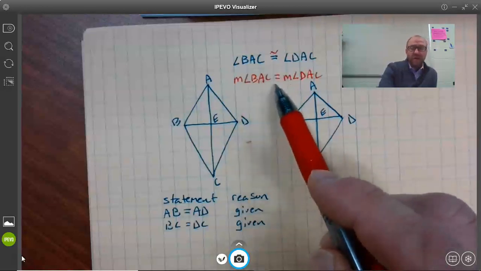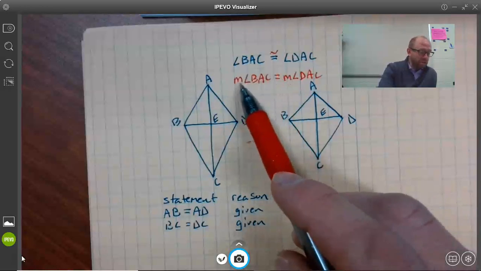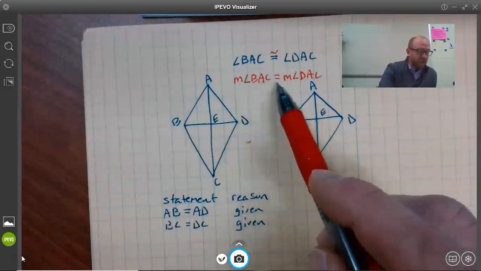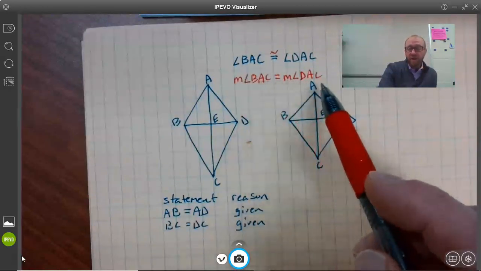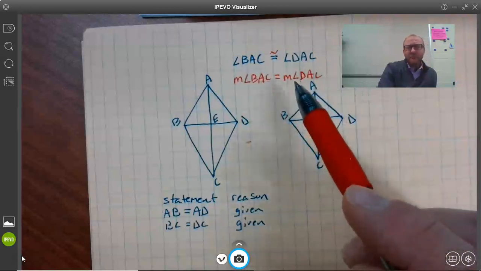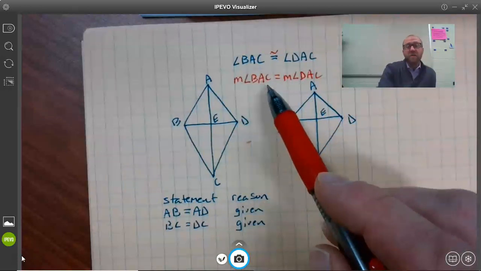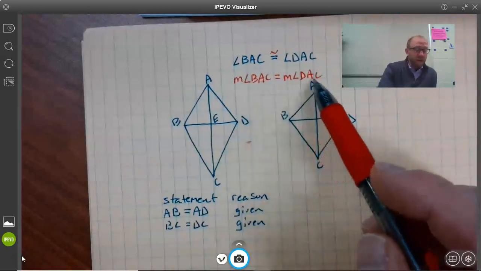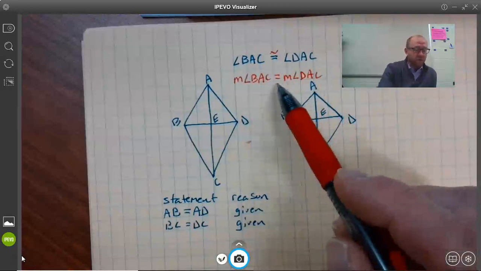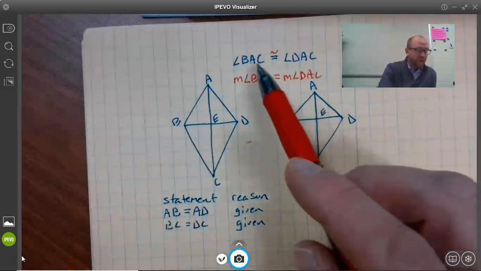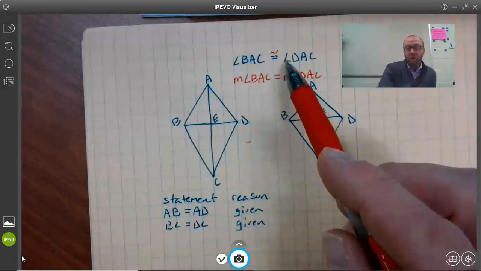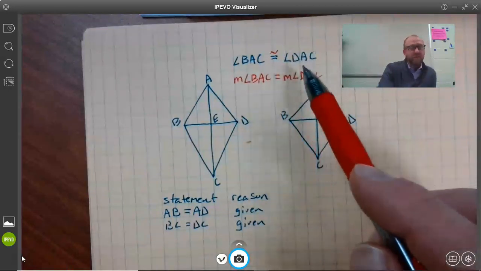Specifically in the case of two angles, it means that their measures are equal: the measure of angle BAC is equal to the measure of angle DAC. And the very slight difference here is that measure of angle BAC is a number, and measure of angle DAC is a number. And if you're saying they're equal, you're saying that these two numbers are the same. That's slightly different from saying that the two angles are congruent, okay, but very slightly different.